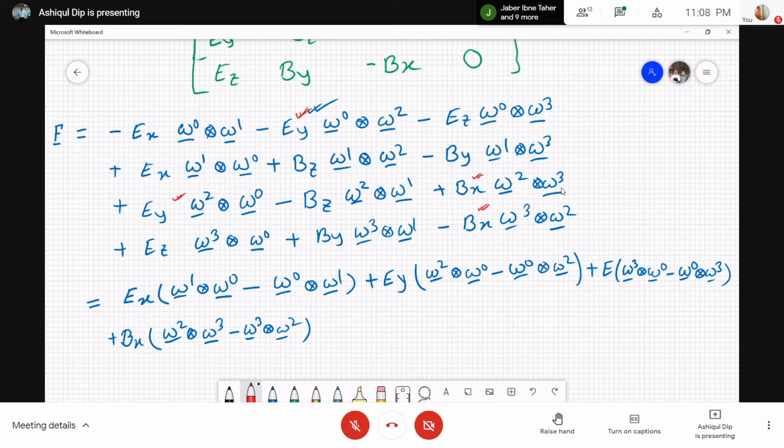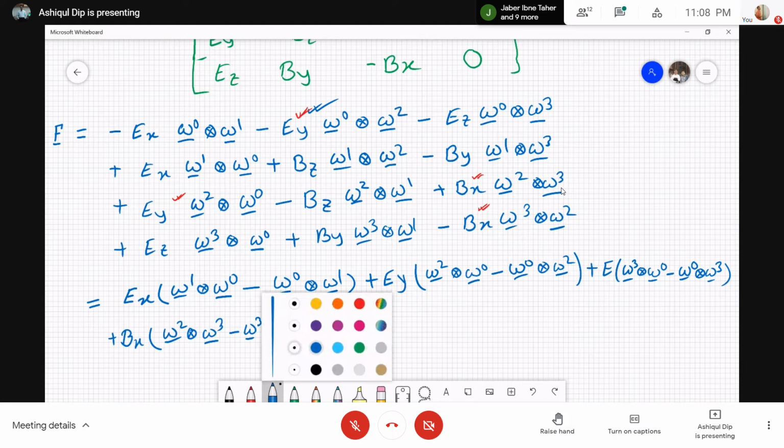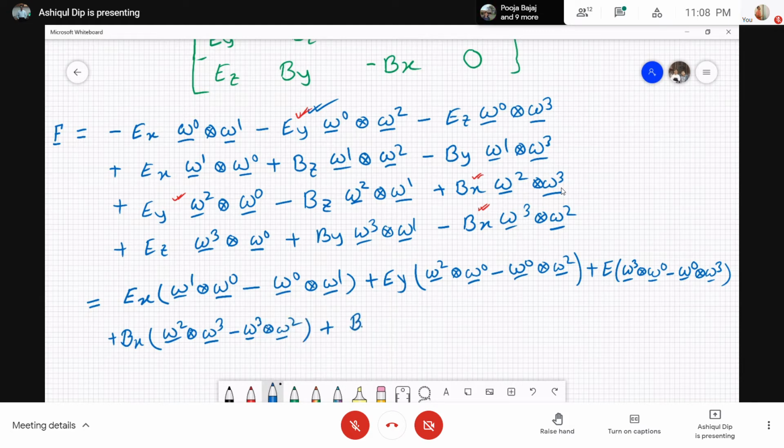Then plus By, omega 3 times omega 1, minus omega 1 times omega 3. Which two terms? Here one term and here another term.